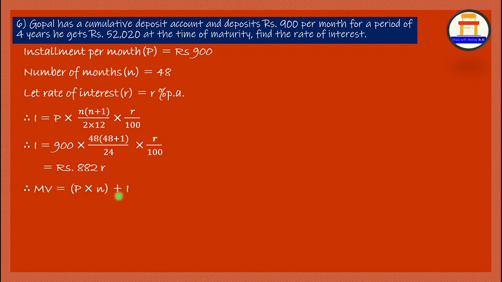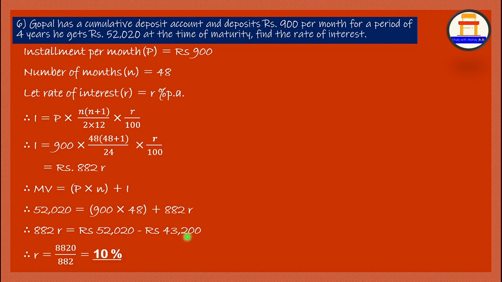This is a natural formula and this will be a specific formula as well. 52,020 equals 900 into 48 plus 882 R. So 882 R equals 52,020 minus 43,200. This 900 into 48 is nothing but 43,200. So upon simplifying we get R is equal to 8,820 divided by 882. This 8,820 is nothing but this part. Upon solving we get it as 10%.